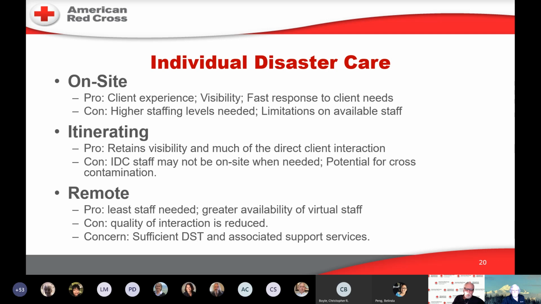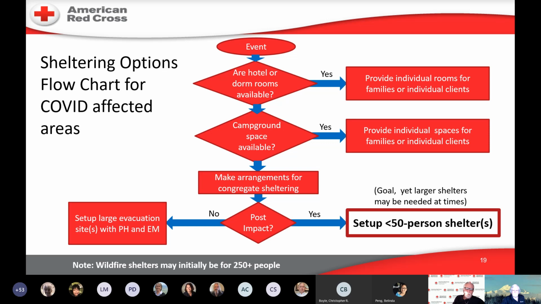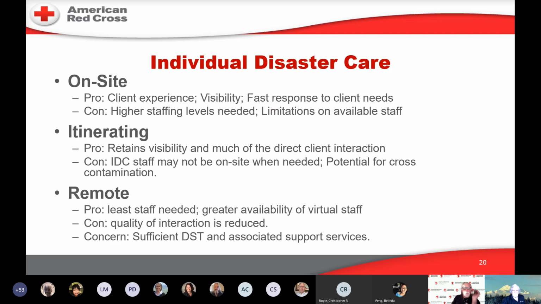Okay. Individual disaster care. Oh, sorry, I skipped feeding. Individual disaster care covers health services, mental health services, and spiritual care. Are they going to be on-site services, which are great, high visibility, fast response to a client in need?